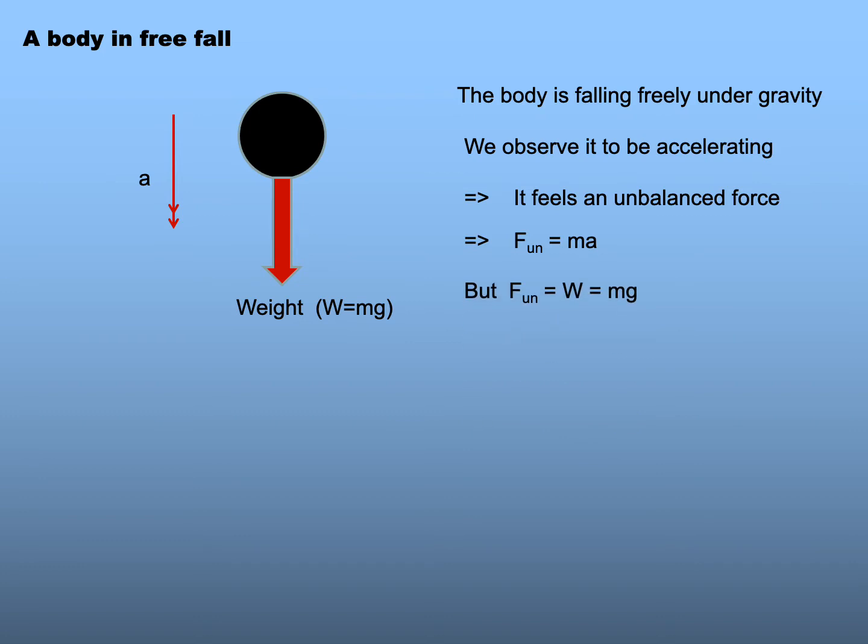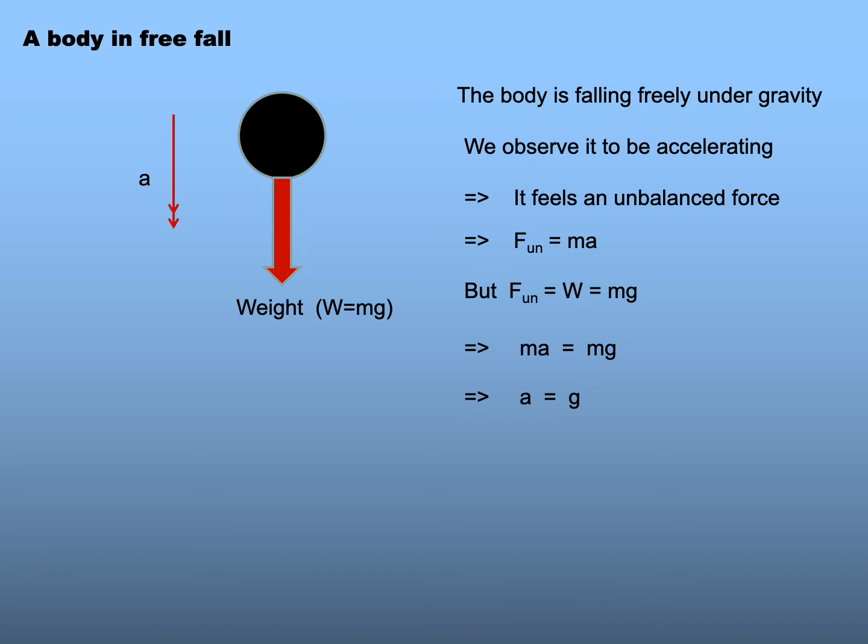So the unbalanced force is ma, that's generally always the case, and in this particular instance, the unbalanced force is mg, then ma must equal mg. Now m here is the mass of the body, and it's the same on both sides of the equation, so it's going to cancel.